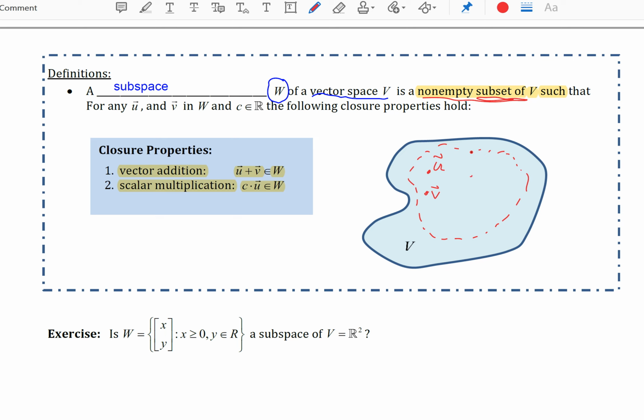When you add these together, u plus v needs to stay inside W. If u plus v ended up being here, then you would no longer be in W. So you need to be able to add them and stay inside this space. So it would not end out here. And similarly, any scaled vector inside W has to be inside W. It cannot end up out here. It has to stay inside W.